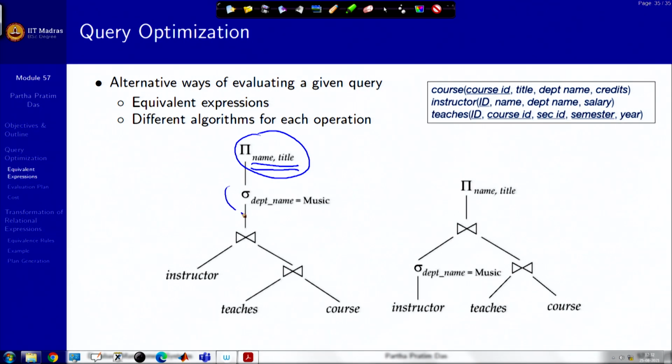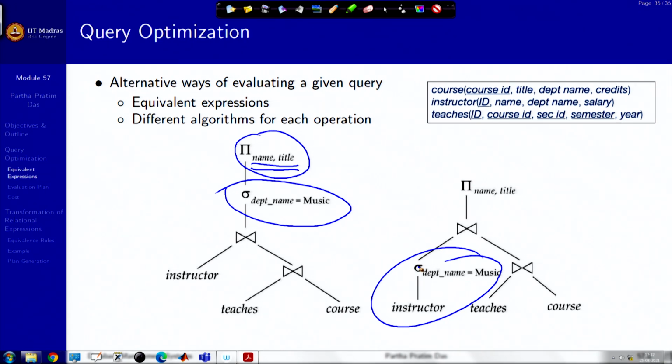Instead of doing this filter here, we can do it right below. What is the advantage? The total number of instructors will be many, and they are teaching a lot of courses, but once you just consider the music department, there will be few instructors.